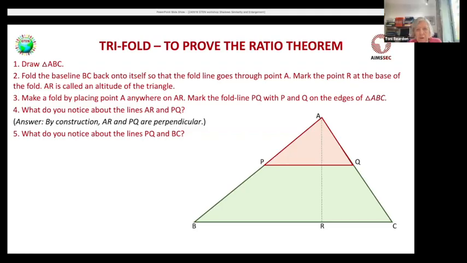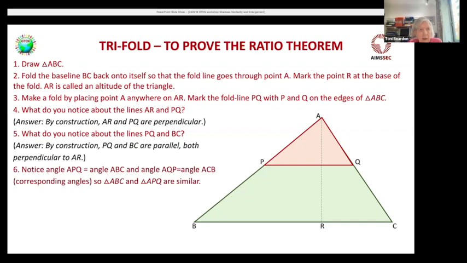So PQ and BC are parallel by construction, both perpendicular to AR. So these are parallel to each other, and they're both perpendicular to AR. We're not breaking any rules here, are we? And notice that angle APQ is equal to angle ABC, and they're corresponding angles.